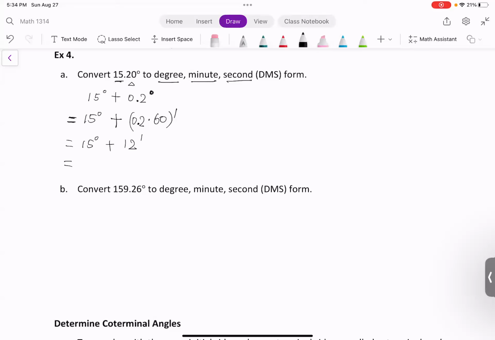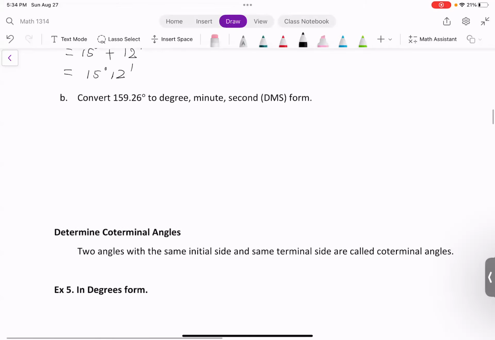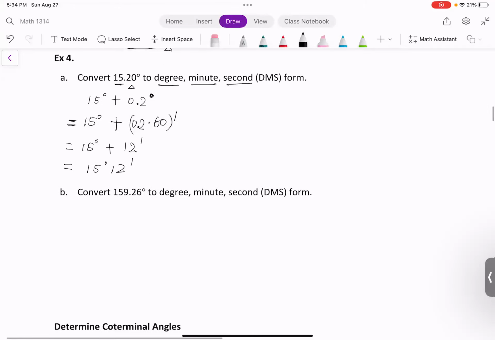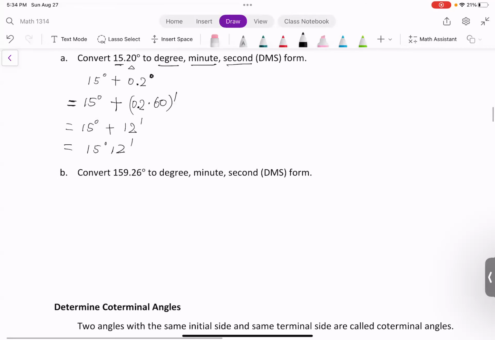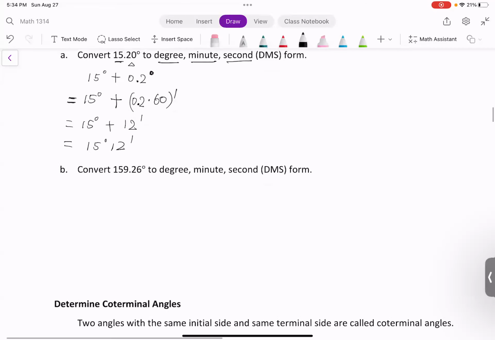So combine them together, I'm having 15 degrees, 12 minutes. All right, we have no decimals. That means I don't need to convert to seconds. If we still have a decimal, let's keep on converting the decimals to seconds.